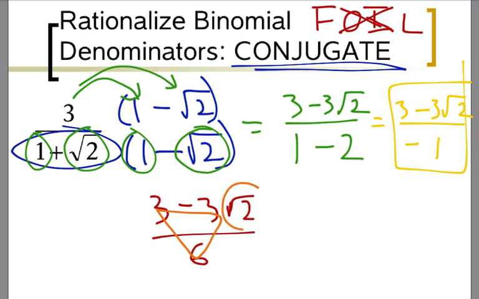Okay, and the root would not be included here, so you don't include the root in your Dorito problem. So you just take a look at the 3 and the 6, and they would all have a 3 in common, so I would divide them all by 3. So I would turn into 1 minus 1 root 2 over the 6 would turn into a 2. Okay, I divided them all by 3.